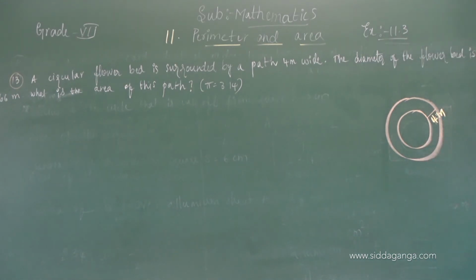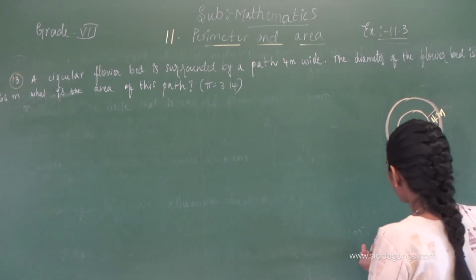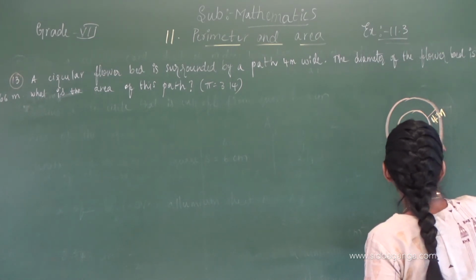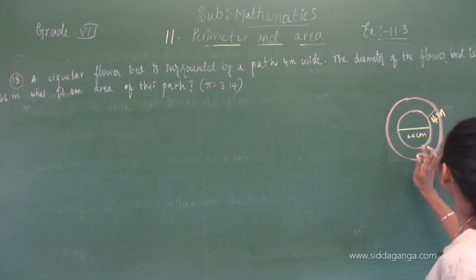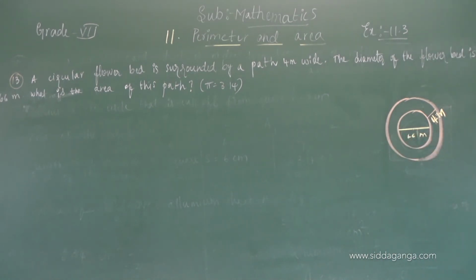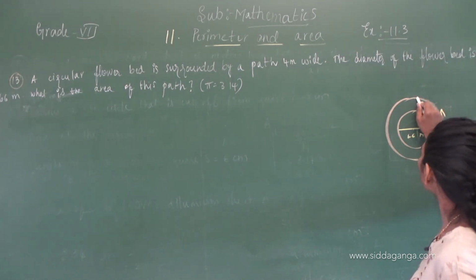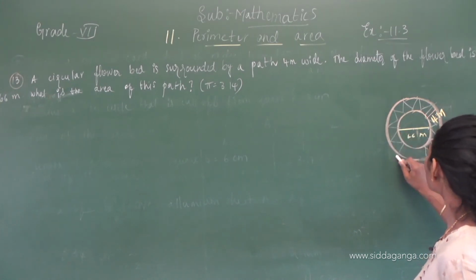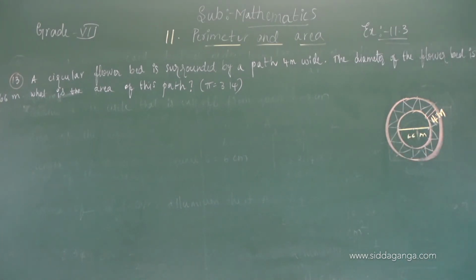The diameter of the flower bed is 66 meters. We have to find the area of the path surrounding the circular bed. This shaded part we have to find.